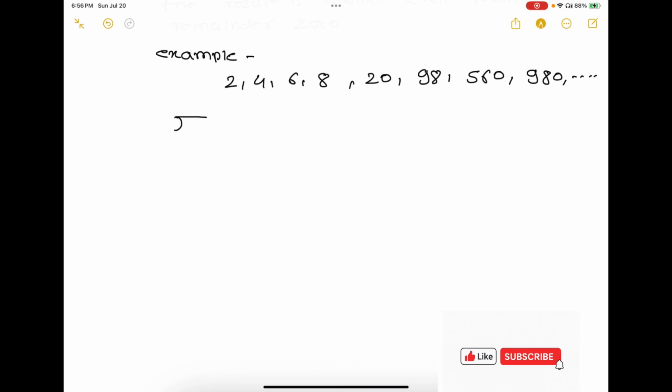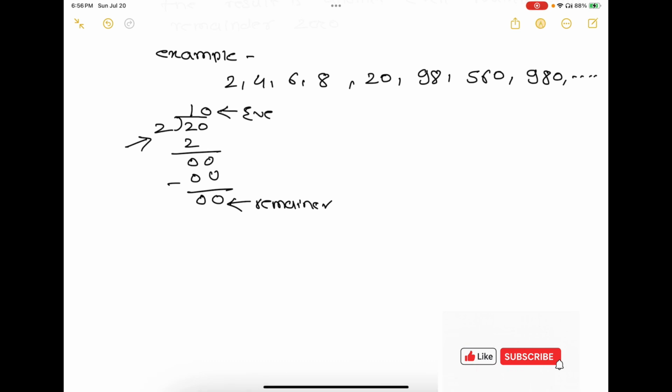If I divide 20 by 2, 2 ones are 2, 0, 0, here also 0. Okay, what we mention, even number is a whole number that is divisible by 2 and leaving no remainder. So that means 10 is even number.